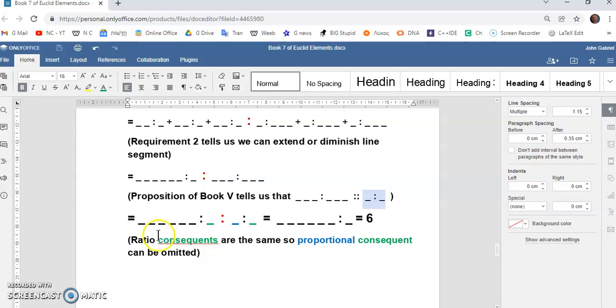And finally, we can drop this part here so that we arrive only at the ratio that describes the ratio that precedes the measure, which is 6, okay? And of course, these are the ratio consequents, they're the same, so the proportional consequent of this entire ratio can be omitted, just leaving us with that.